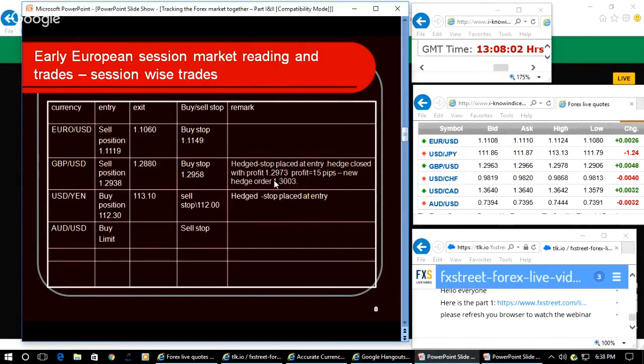Suddenly, during the late European session, they gained the level to 1.2978. So automatically my buy stop at 1.2958 got filled. So in a 20 pips range, I got hedged.